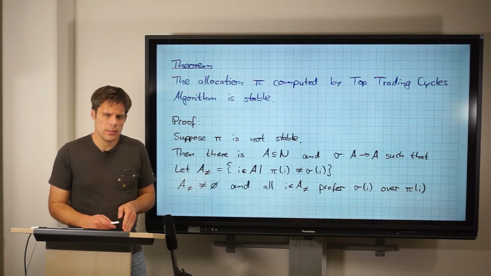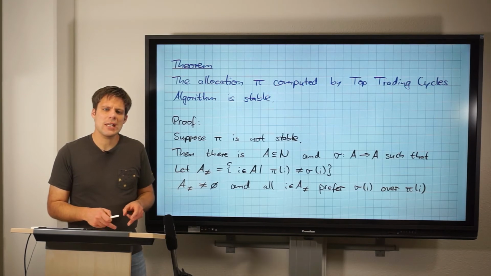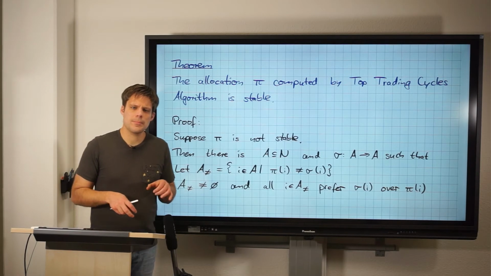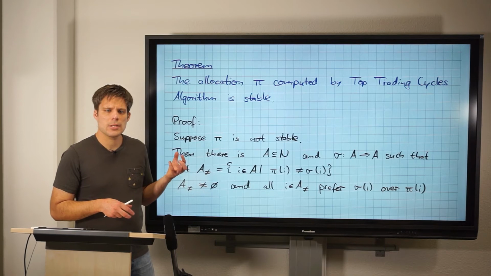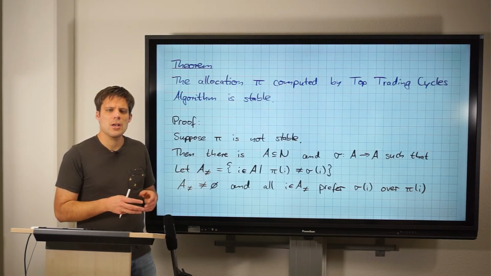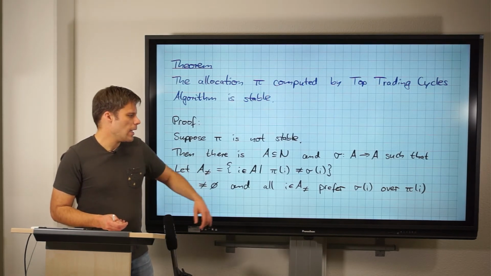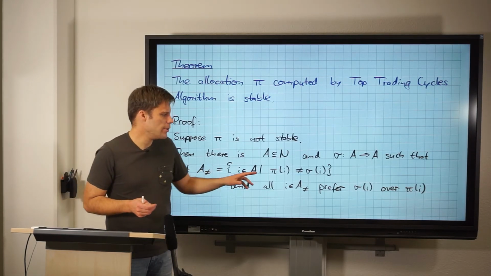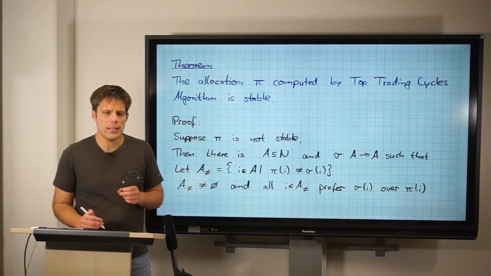If you don't care, then because you have strict preferences, you are getting the same. So if you don't care whether you're getting what you're getting in pi or in sigma, then you have to get the same because you have strict preferences among all houses. And for everybody who's not getting the same, they have to prefer what they're getting in sigma over what they're getting in pi.